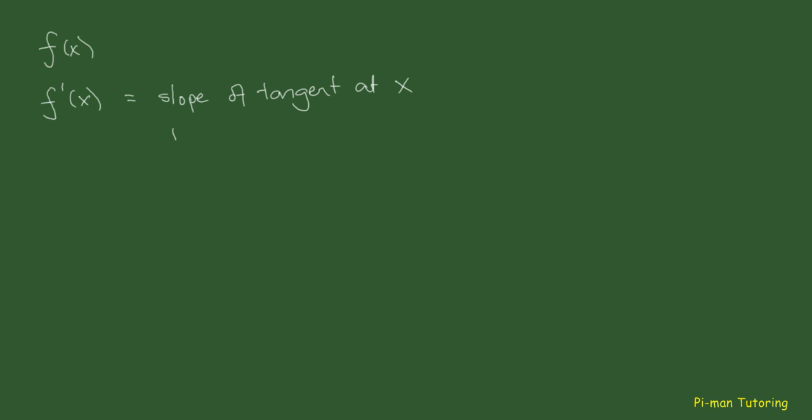And so if this has a positive value, then we know the function is going up to the right, which means the function is increasing. And similarly, if the value of the tangent is negative, then we know the slope is negative, and therefore the value of the function is decreasing.